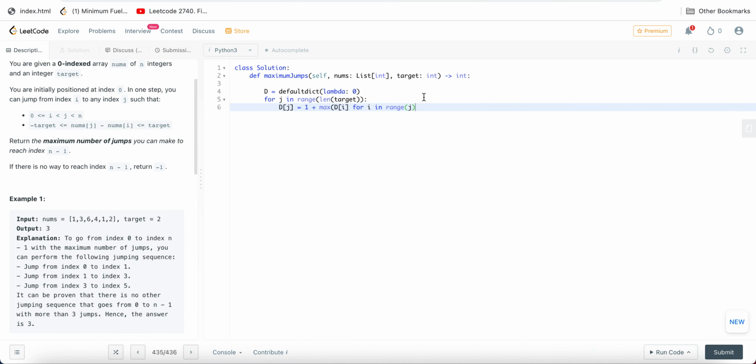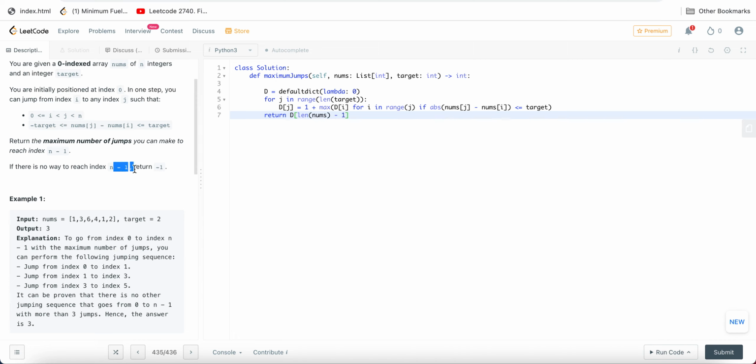So we're going to say if the absolute value of nums of j minus nums of i is less than or equal to target. This absolute value goes over here. I'm very tired today, so I'm doing very strange things that I normally wouldn't. Okay, and then at the end, we would return the last value.